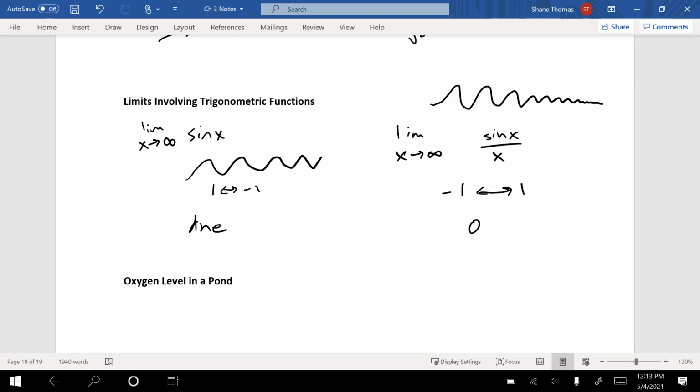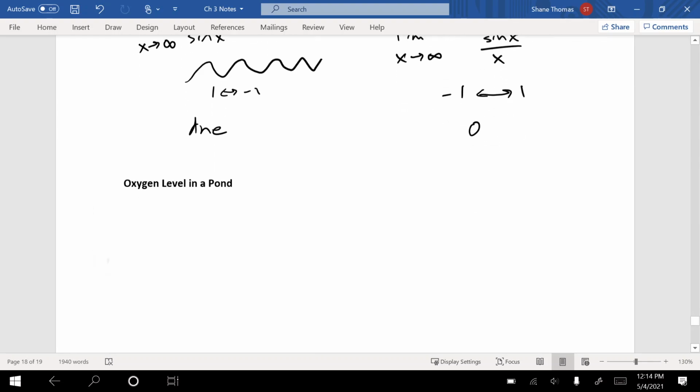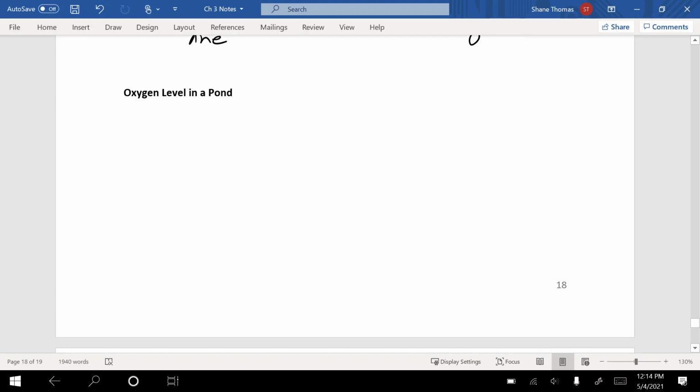All right, so we're looking at the oxygen level in a pond. We're going to say that we're looking at the level of oxygen before any runoff or any pollutants are introduced into the pond. At f of t equals 1, this would be our normal. This pond is maybe right beside a factory, and there's going to be a little bit of waste coming out of the factory.